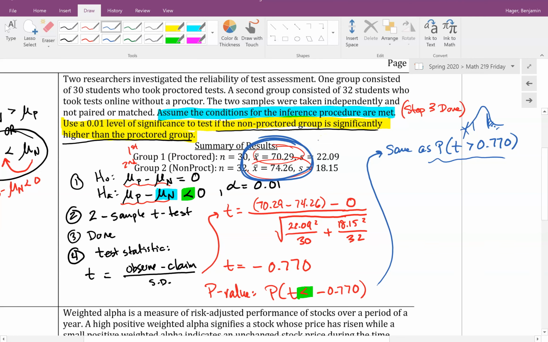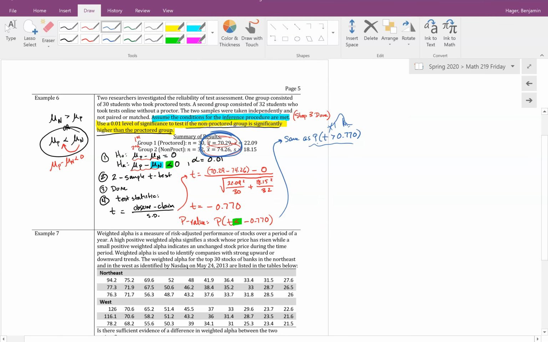And if it's very, very low probability that we would get those, but somehow we did get them, that seems to suggest that the null was incorrect and that there actually is a difference between them. So I'm going to do it all on StatCrunch though, and just get those numbers that way.